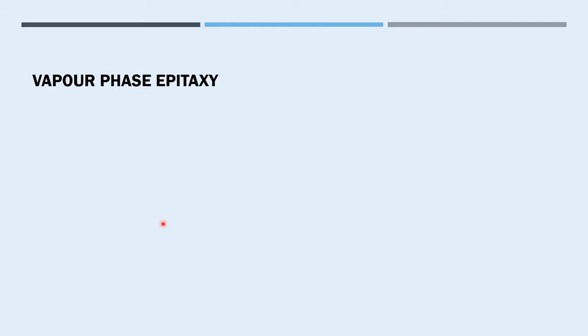You have to use some gas or a liquid with a very high vapor pressure, which can be vaporized very easily. Here we talk about the basic transport process and the reaction kinetics of vapor phase epitaxy.